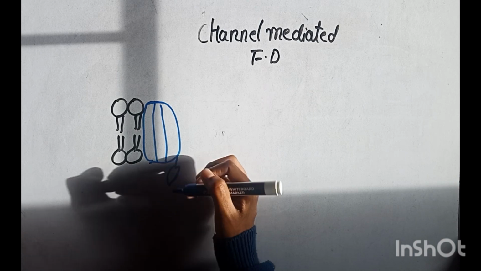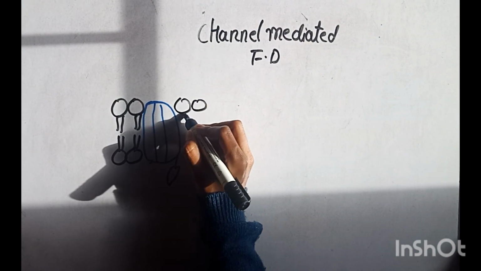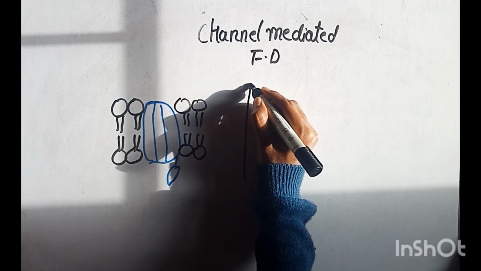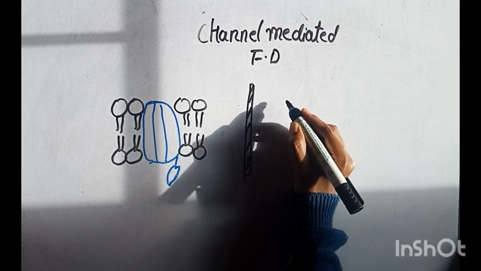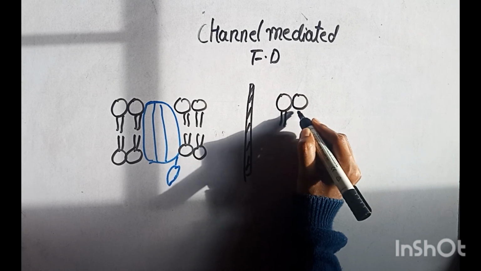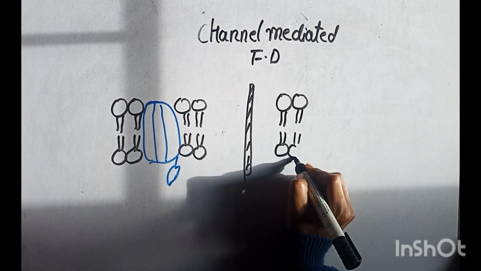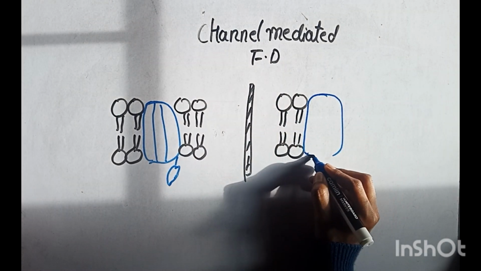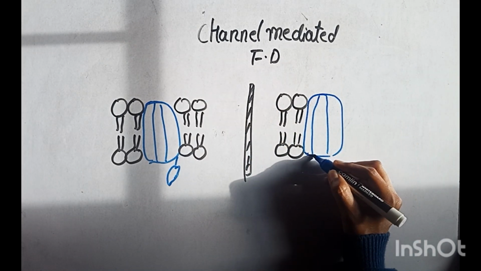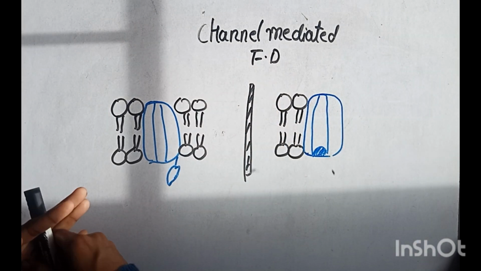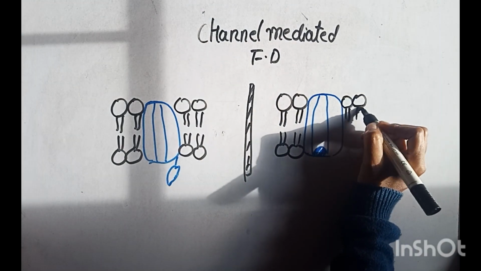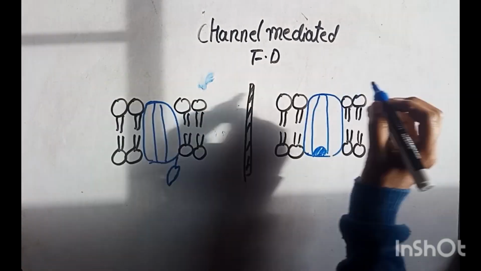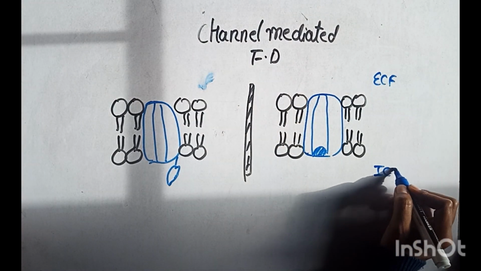Suppose this is the plasma membrane, and in it this is the membrane protein, known as an ion channel, and there are two conditions. The first condition is already drawn. In the second condition, this is the membrane protein, the ion channel, in the plasma membrane, with extracellular fluid and intracellular fluid.